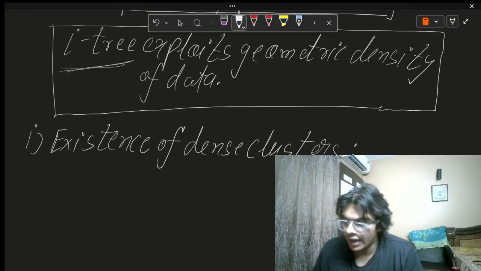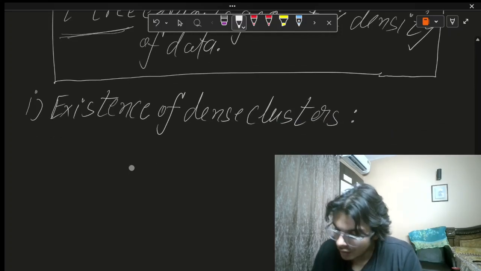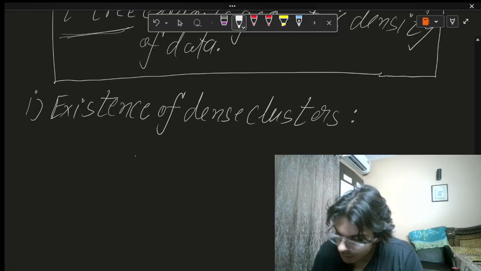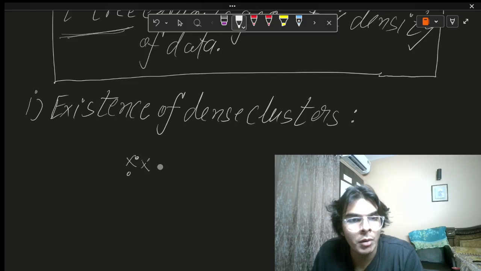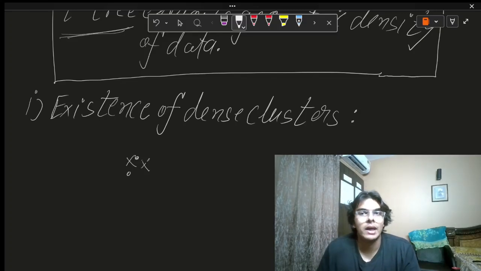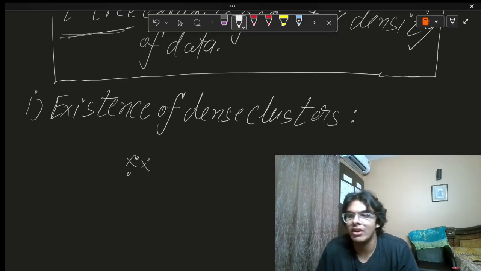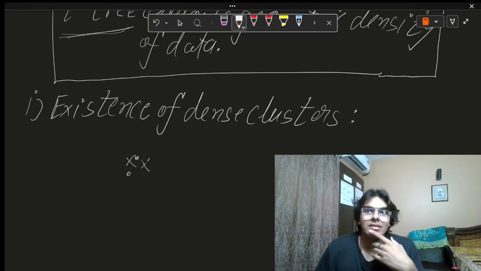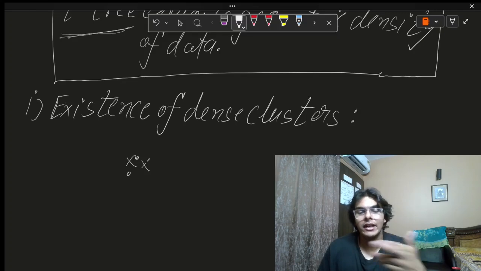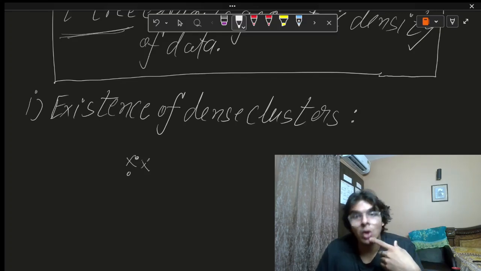As we know, most of our normal points are going to be in dense clusters, clustered together. Like I said, if we were using any other model which creates splits, even a decision tree, then the splits created in the dense clusters are going to affect them. But in our case, if we make a random split that creates two separate parts of the dense cluster, they are still dense, and it is not going to affect the model.